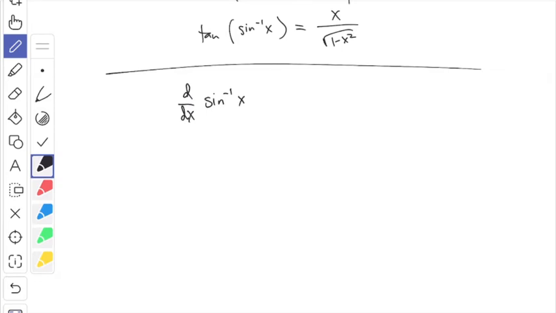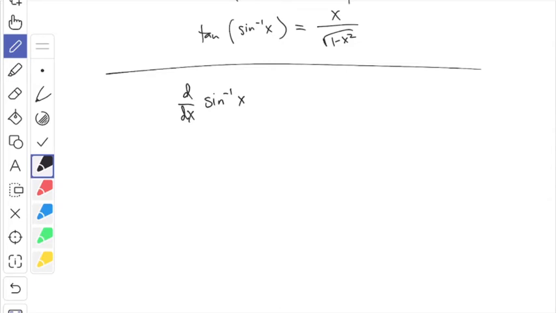The way to do this, we are going to do a similar trick that we've done a few times before. Whenever you want to find the derivative of an inverse, and inverse sine is kind of an inverse, the way to do it is by writing it again without using the inverse and doing the implicit derivative.